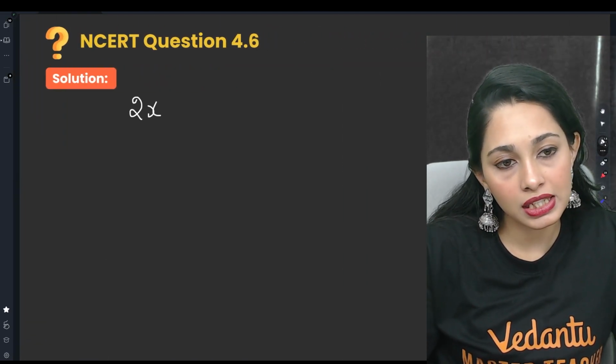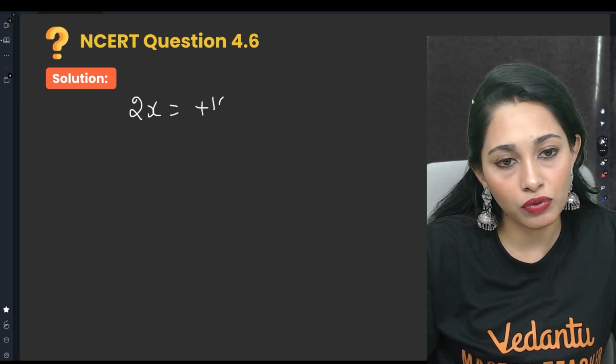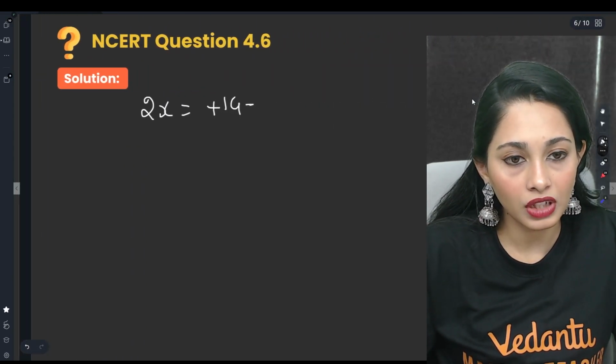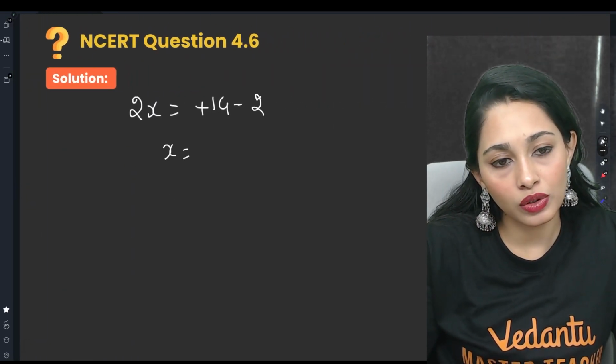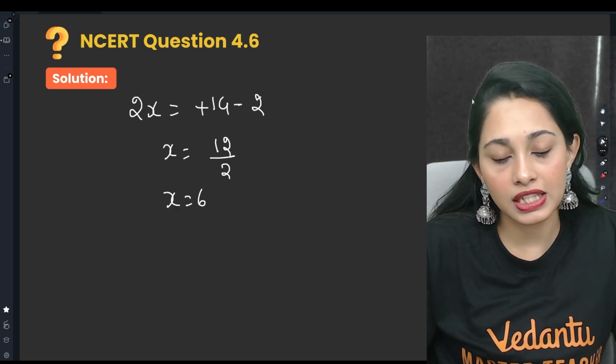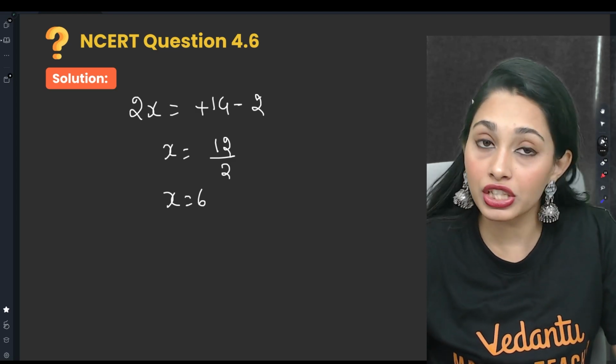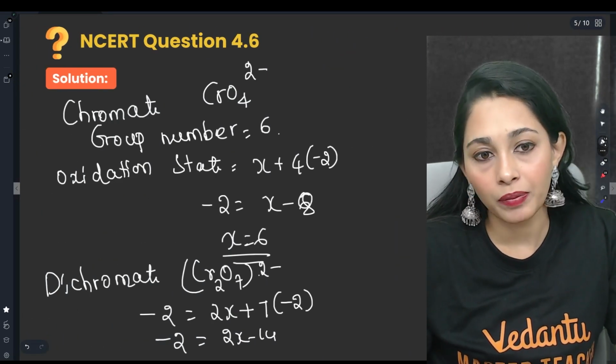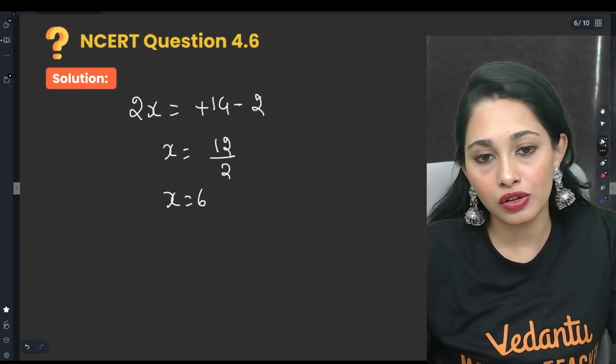So 2x is equal to plus 14 minus 2. X is equal to 12 by 2. X is equal to 6. Even in chromate and dichromate, the oxidation state of chromium is plus 6, and the group number to which chromium belongs is also 6.